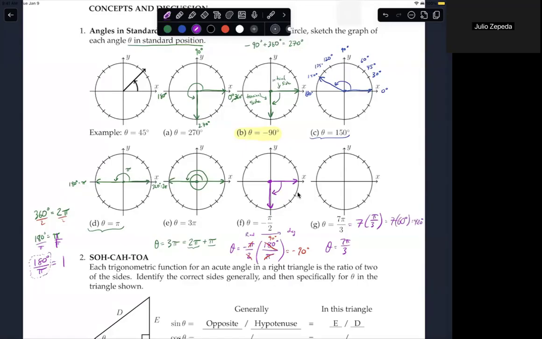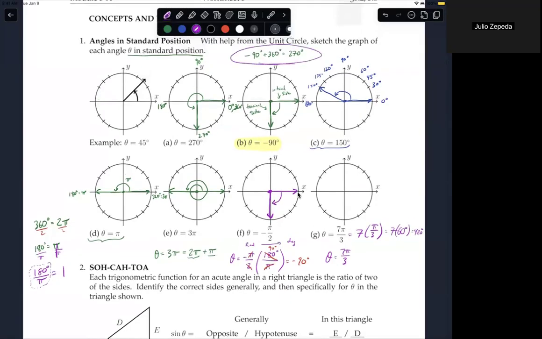So if I notice that my angle is more than 360, just like I did over here, where I added 360 degrees, here I can take my angle 420 degrees and subtract 360 degrees to get 60. And that tells me that 420 degrees is one complete rotation plus 60 degrees more.